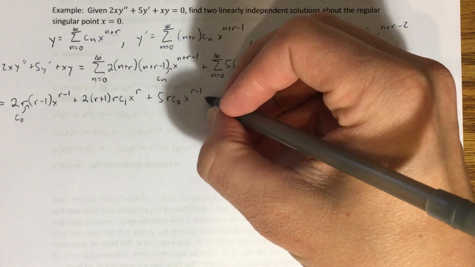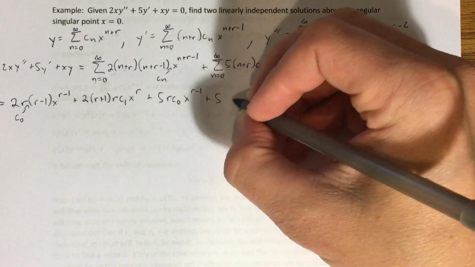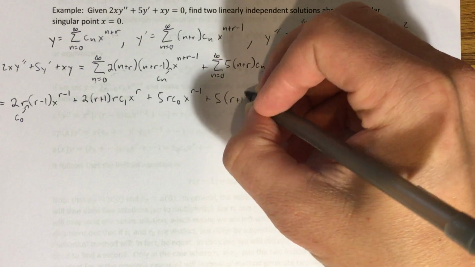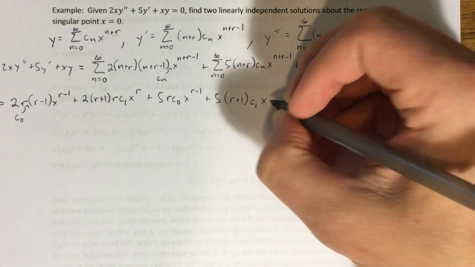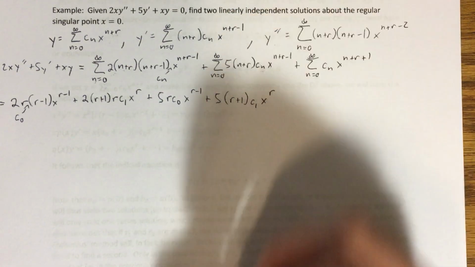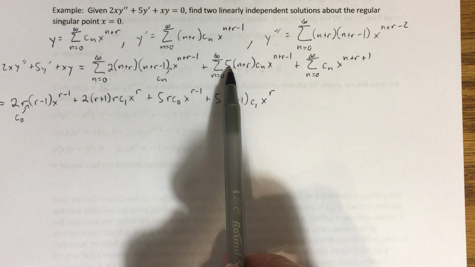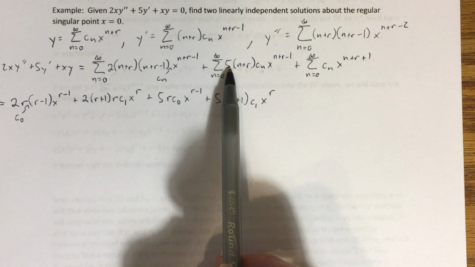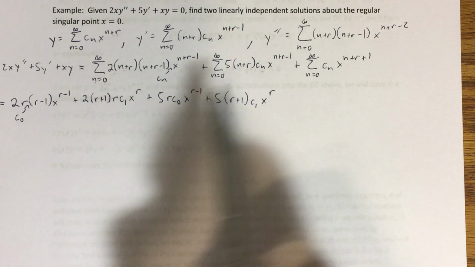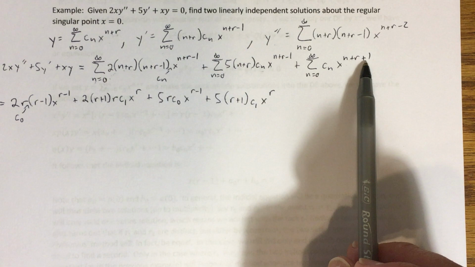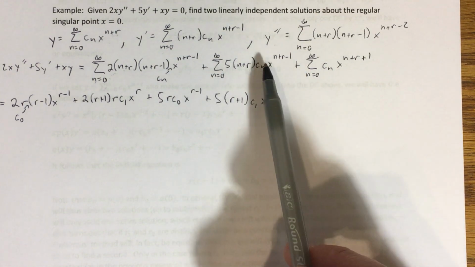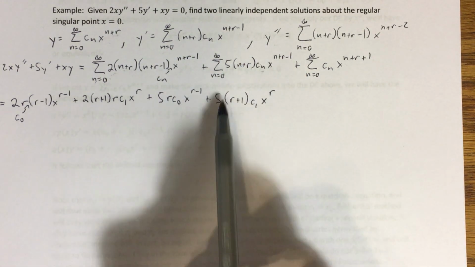And then when I plug a 1 in for n, I'm going to get plus 5, this time r plus 1, c1, x to the r. Having done that, both of these series are now going to start at the x to the r plus 1th term after having pulled these terms out.